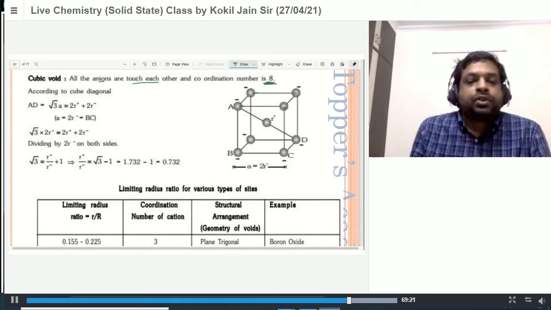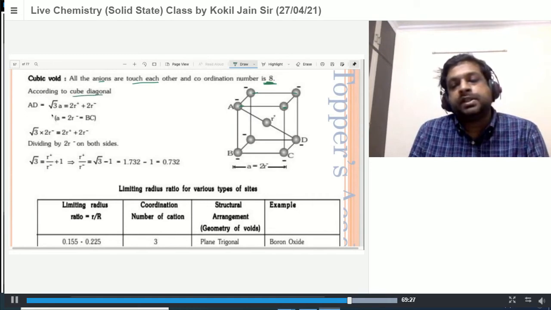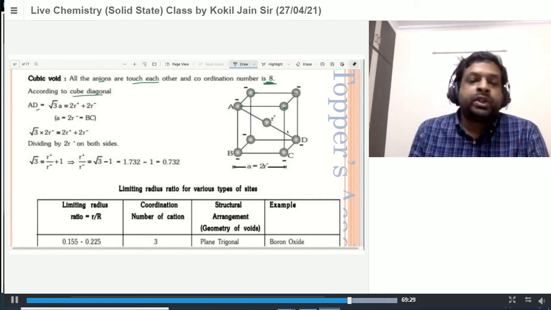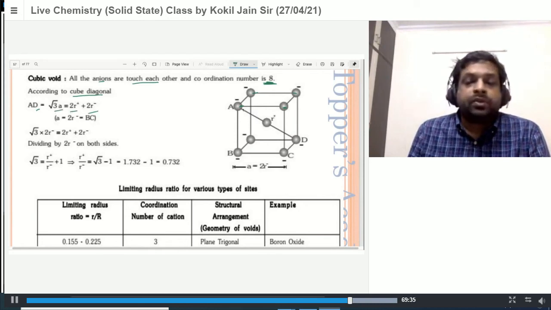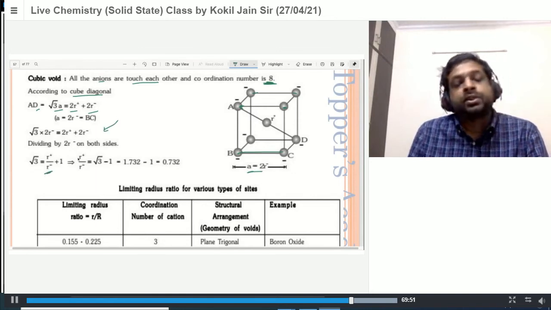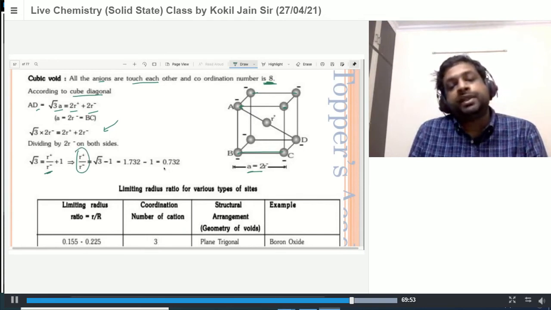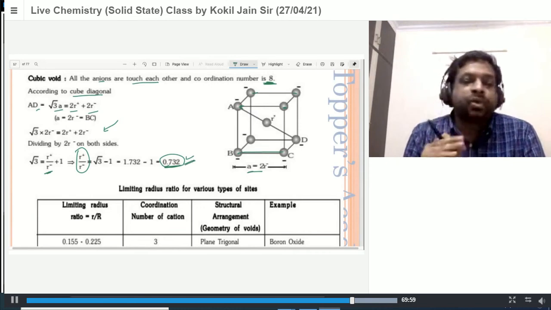Across the cube diagonal, this is root 3 a, which is 2R plus plus 2R minus. If we want to calculate the distance between two anions, this is equal to a here. Using this equation, we calculate the radius ratio R plus by R minus, which comes out to be 0.732. This is what our cubic void would be.